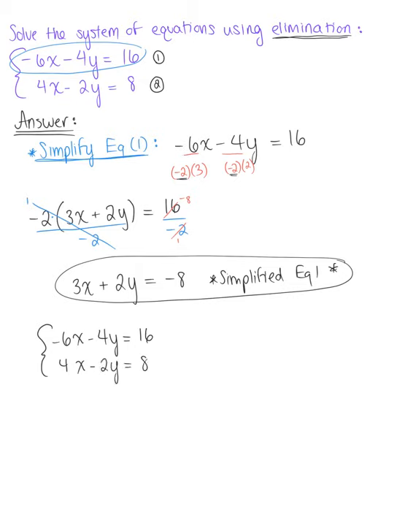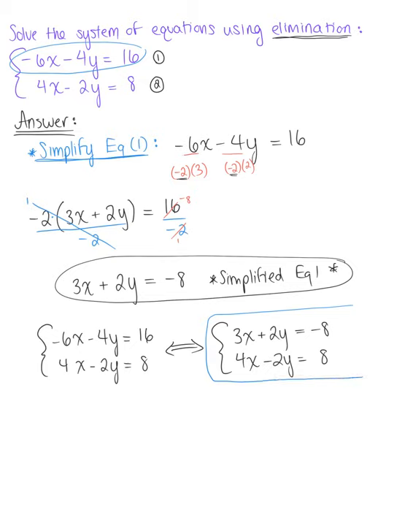So this given system is equivalent to our simplified system, where equation 1, we can rewrite this now as 3x plus 2y is equal to negative 8. And equation 2, again, remains the same. That's 4x minus 2y is equal to 8. So we are going to actually use this simplified system here to solve.